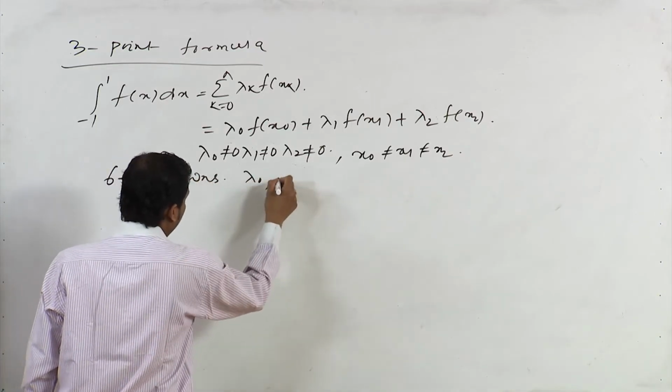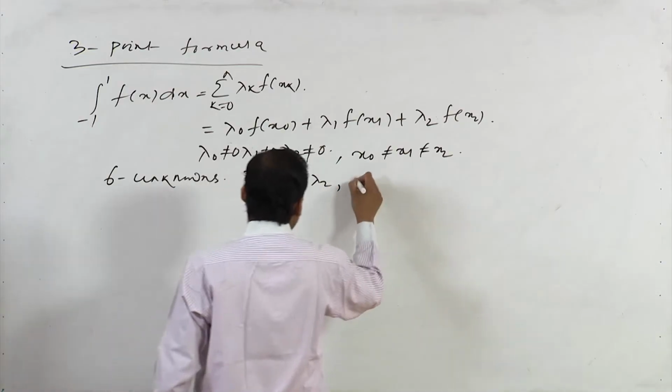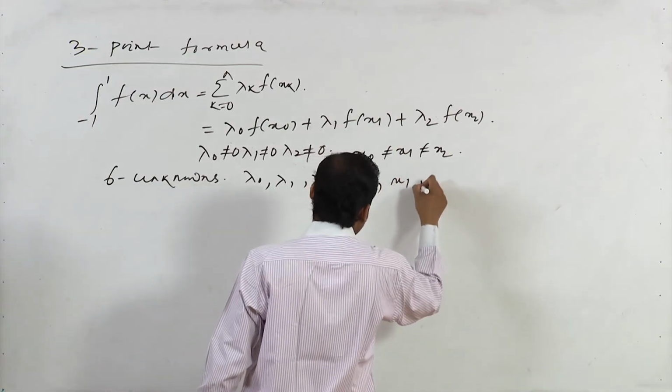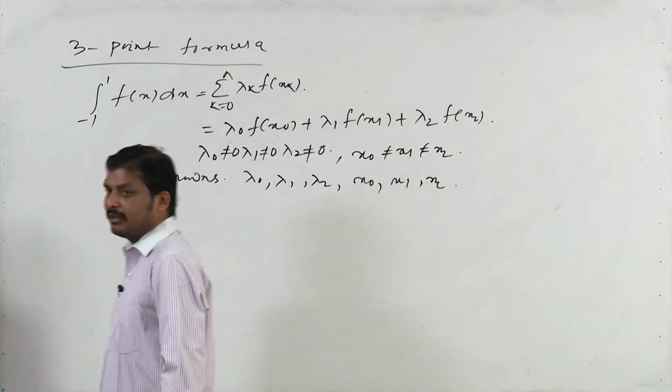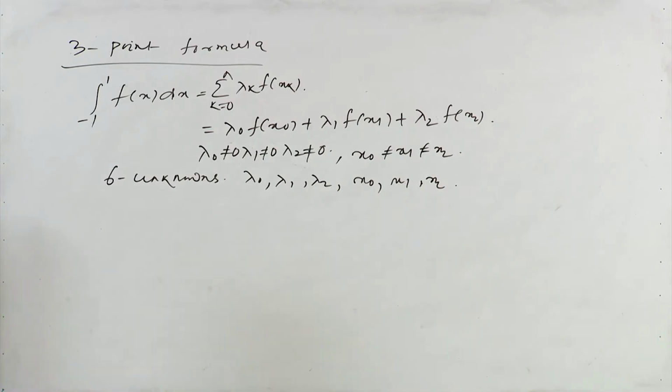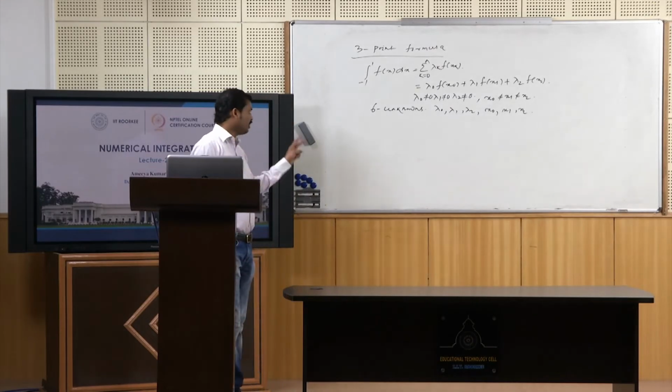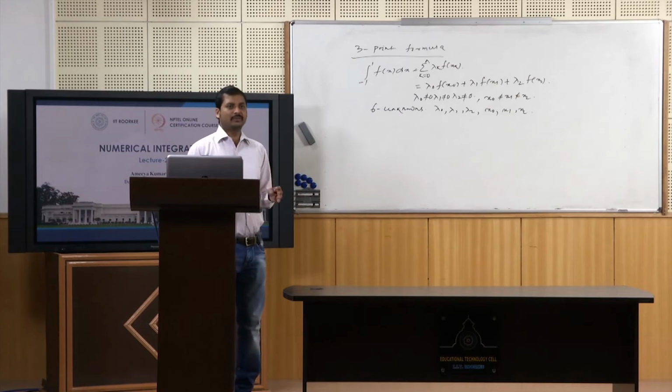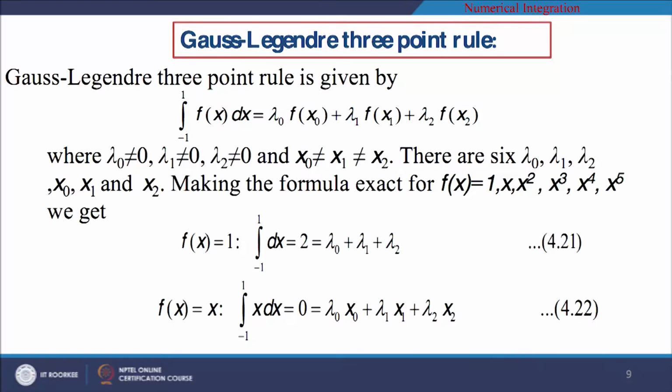Like lambda 0, lambda 1, lambda 2, x0, x1, x2. And for 6 unknowns we have to implement this polynomial approximation up to degree 5 to get 6 equations. This means that up to degree 5 this will provide an exact solution.